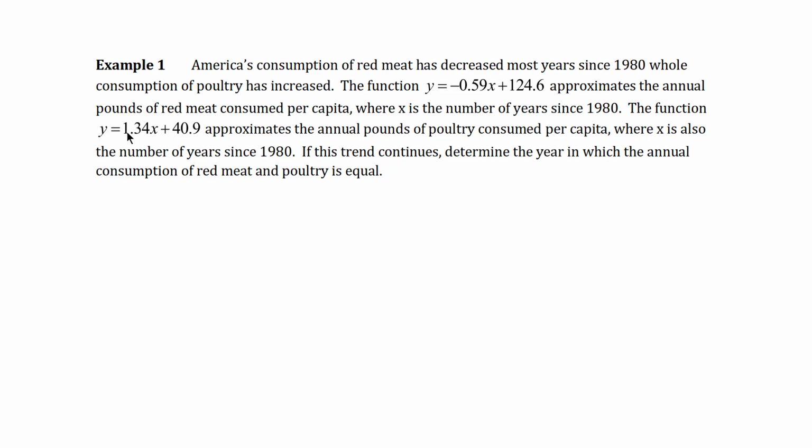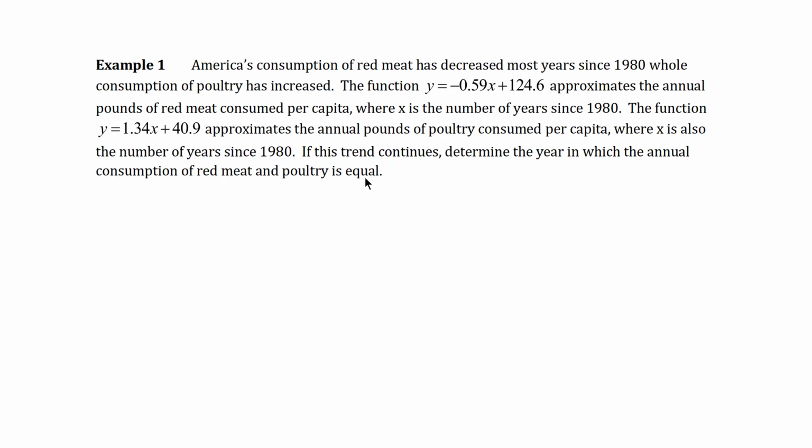The function y equals 1.34x plus 40.9 approximates the annual pounds of poultry consumed per capita, where x is also the number of years since 1980. If this trend continues, determine the year in which the annual consumption of red meat and poultry is equal.